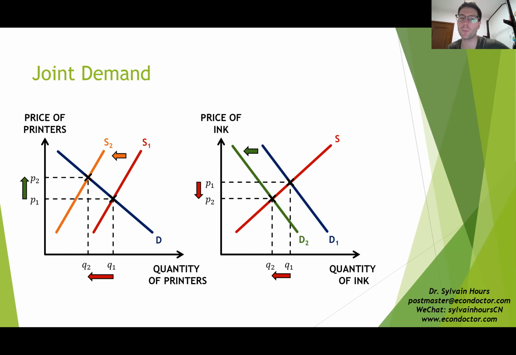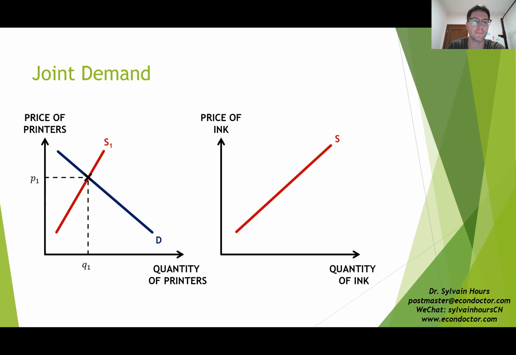So I'm not going to spend too much time on this because it's pretty easy to explain. So here, for example, printers and ink. The supply of printers decreases, so the price rises, so people buy fewer printers. And because they buy fewer printers, they do not need to buy as much ink as before. This is represented by a decrease in demand, leading to a decrease in both the equilibrium price and quantity of ink.